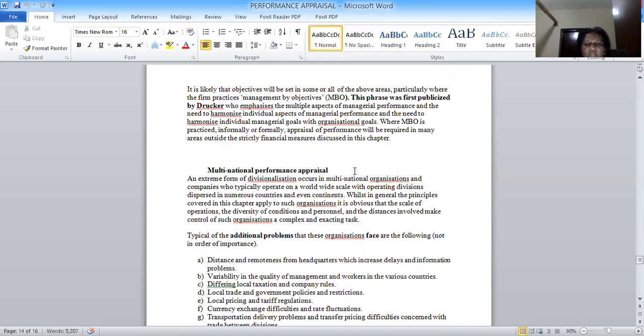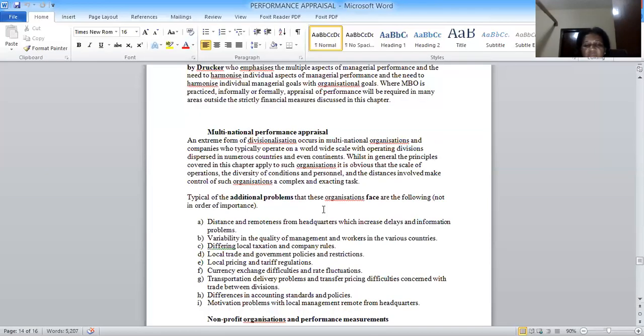And it's not all that easy because their structure is complex, and things are not so easy to go through. So they have some problems when it comes to performance appraisal.